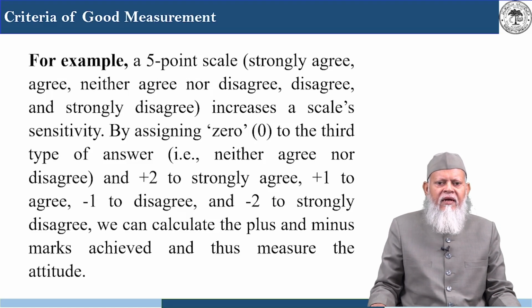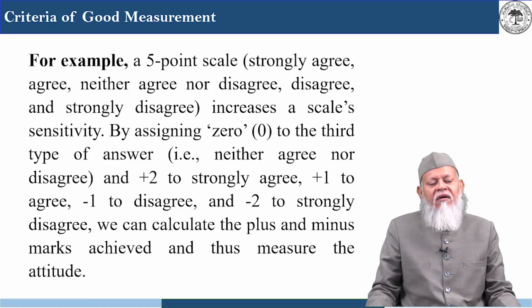But a 5-point scale is more sensitive, because it gives more options: strongly agree, agree, indifferent, disagree and strongly disagree. With this 5-point scale, we find that it is able to capture more sensitivity of the respondent.